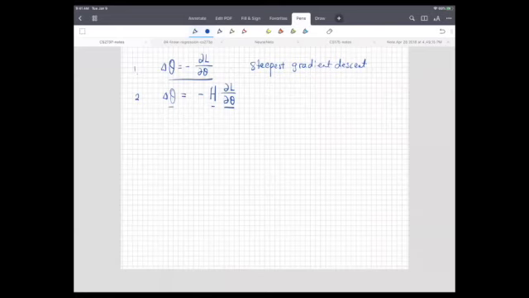So for instance, there's a method called Newton's method here. And in that case, I will choose my matrix, let's call it A here, just general, to be something called my Hessian, the second derivative of this loss function with respect to parameter theta.